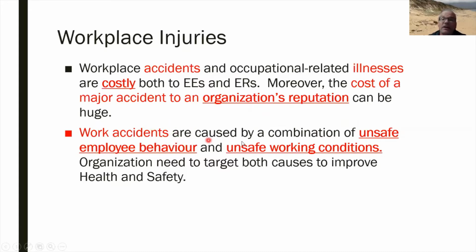Unsafe working conditions are things like the floor being slippery, bad ventilation, things like that. A combination of these two factors, unsafe behavior and unsafe working conditions, creates accidents and bad things.